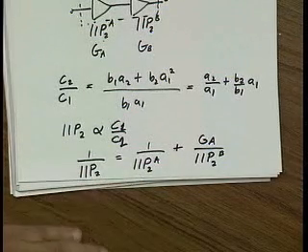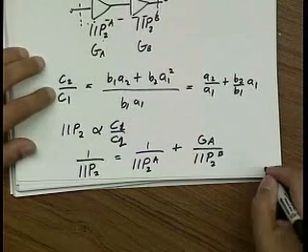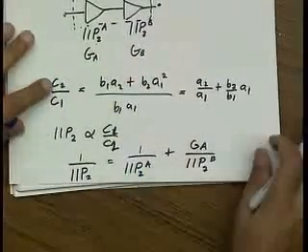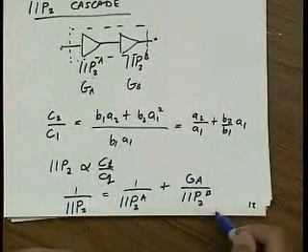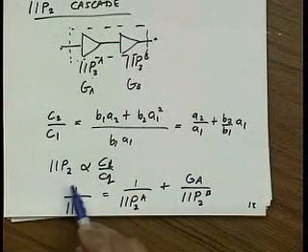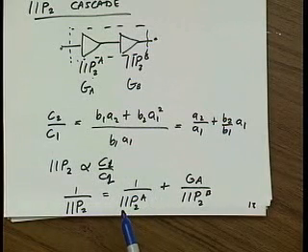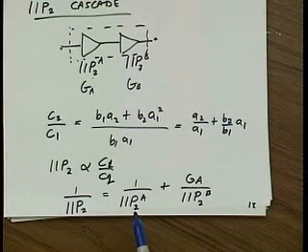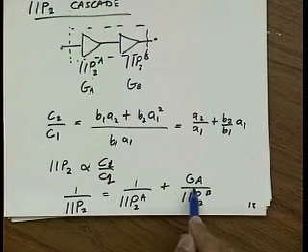Okay? Now, this is actually a very simple result because we can interpret these terms individually. Let's say that the second amplifier is linear, right? So this term is infinity and it goes away. That would tell me that the input IP2 of the overall amplifier is dominated by the input stage. Well, let's say this amplifier were perfect. Let's say this amplifier were completely linear. Then its input IP2 would be infinite, and the overall IP2 would just be the IP2 of the second amplifier, but input referred.